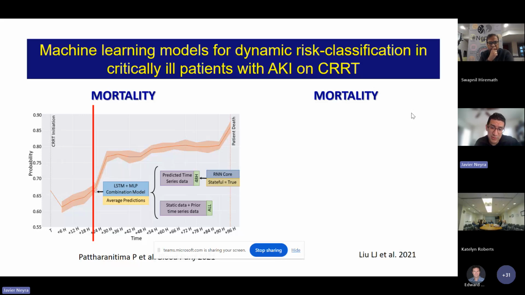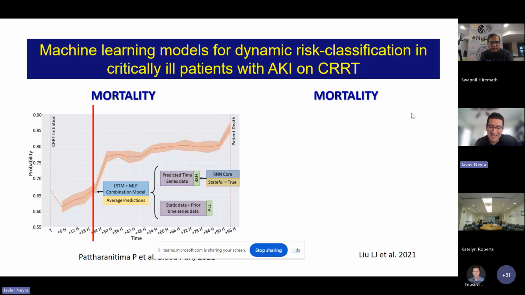But you can see with a dynamic risk prediction, in this case using LSTM and MLP, the inflection point for an individual patient, where the probability of mortality significantly increased at that time point, with the cross-sectional line in red, approximately 48 hours before the patient died.